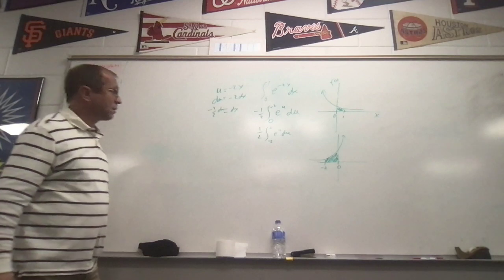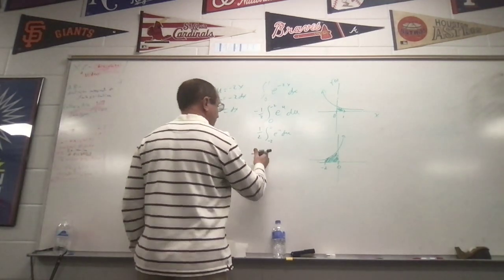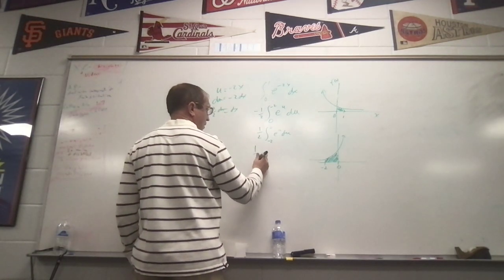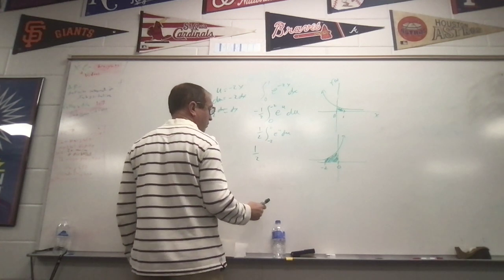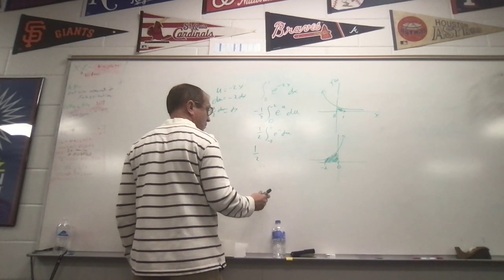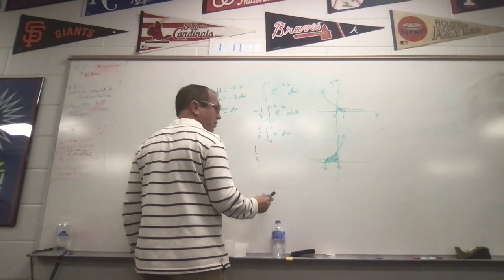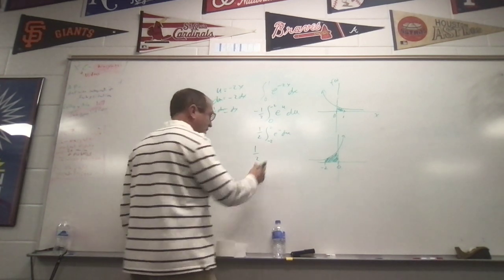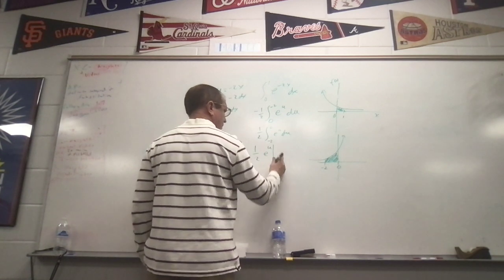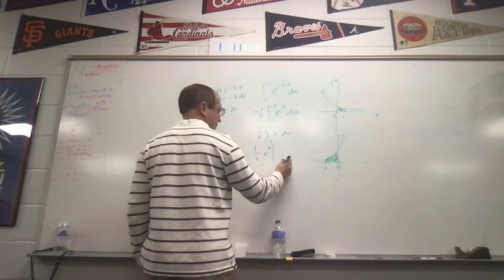So, let's do the arithmetic. What is the antiderivative of the definite integral with e to the u on it? e to the u, yeah. And we're going to go from -2 to 0.